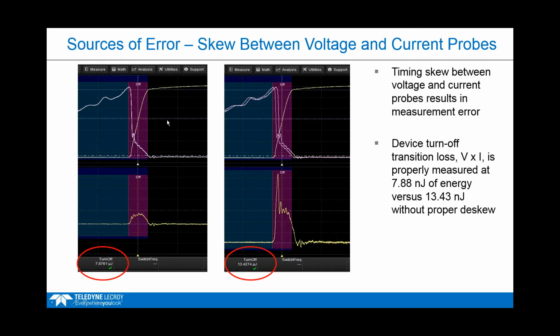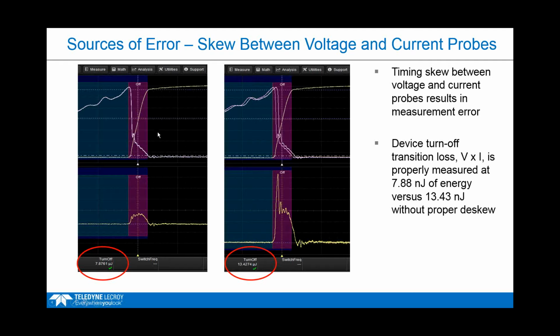So here's an example. On the right-hand side, I'm showing the power waveform and the loss measurement on the bottom. This is before performing the deskew. You can see we're measuring about 13 microjoules, and you can see this big spike here.